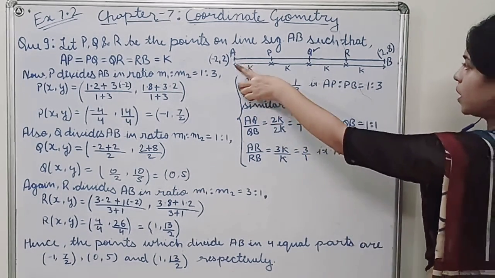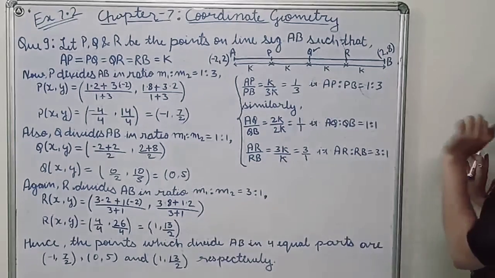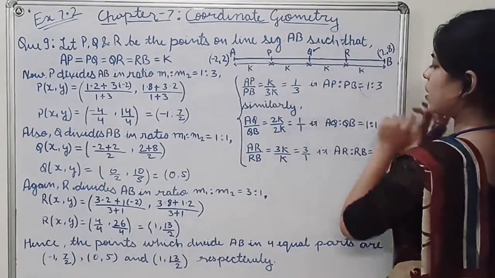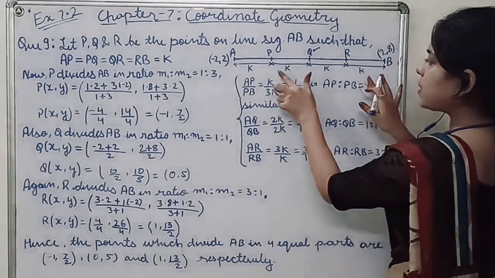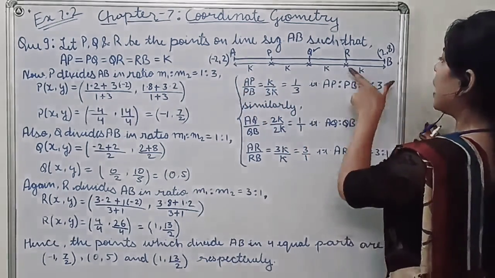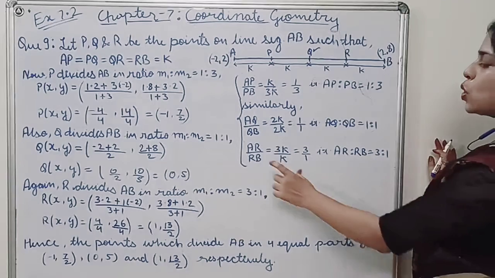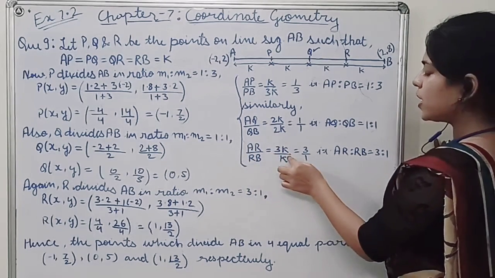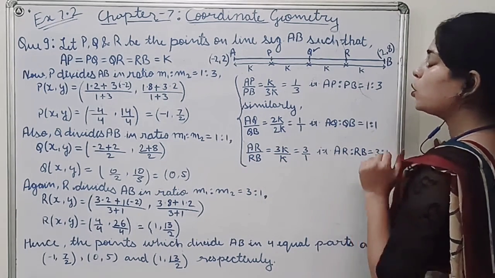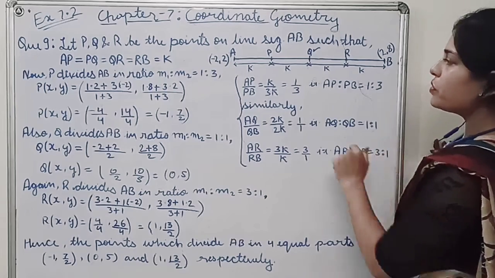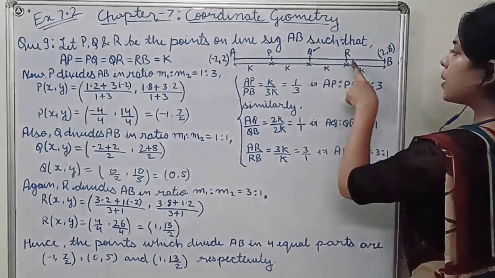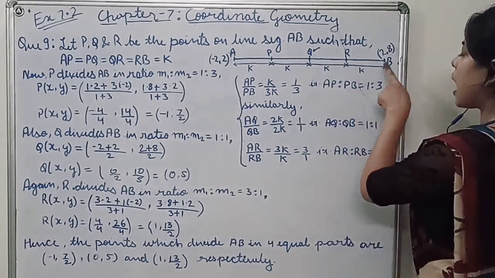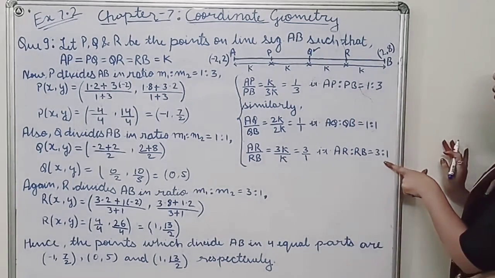Now see, AR and RB, the ratio of division of AR and RB. A to R is 3 equal parts, K plus K plus K, 3K, and RB is 1 equal part. So AR upon RB is 3K upon K, which is 3 upon 1. So the ratio of division of AR is to RB is 3 is to 1.